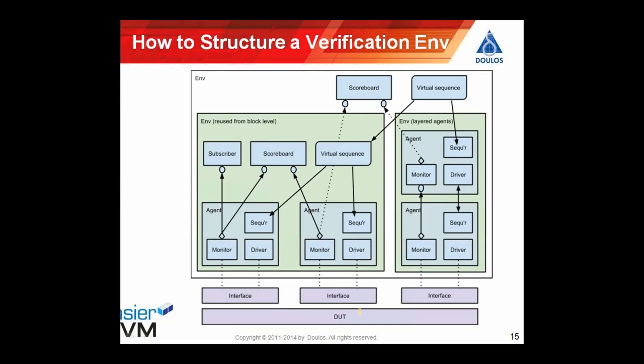We have all the obvious building blocks of agents, sequences, virtual sequences, scoreboards, and so on, built up into creating a complete environment. We also go a little bit further and start to describe things like how to layer sequences and agents and how to describe layered protocols.